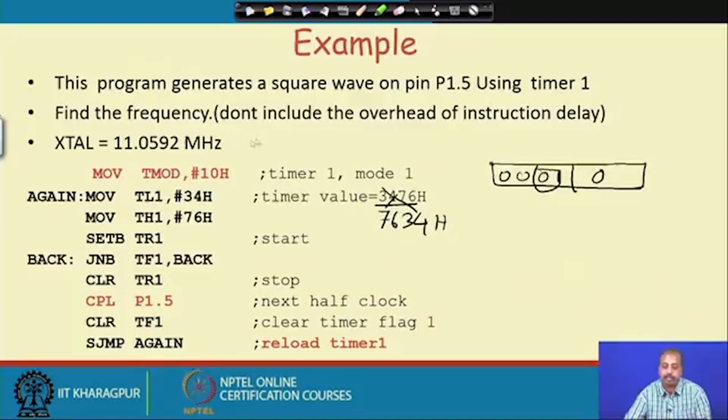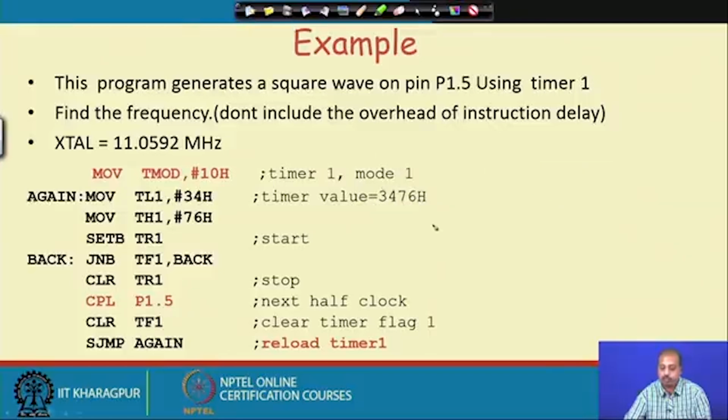The question is to find the frequency. To simplify the problem, we do not include the delays of the individual instructions. To get a more accurate result you would have to take them into account, but they are not very high compared to the delay produced by the timer, so they can be neglected.